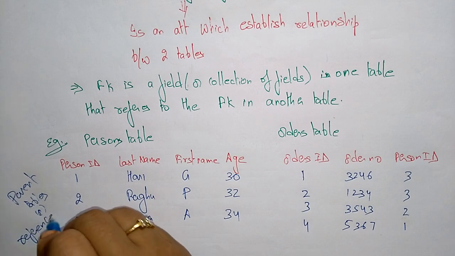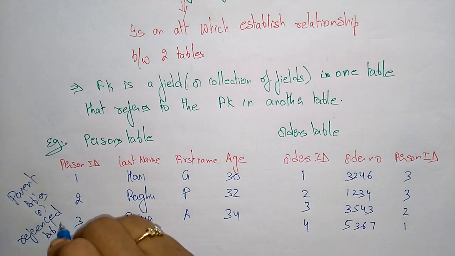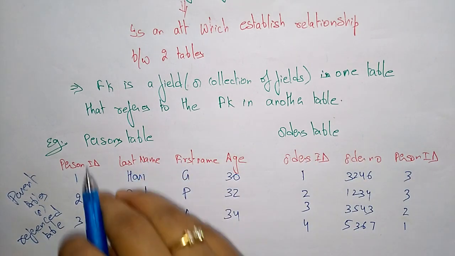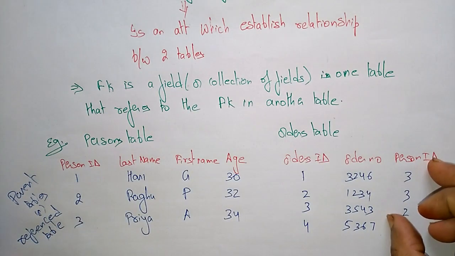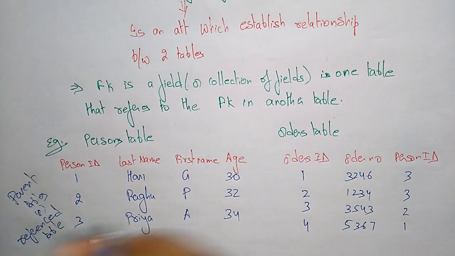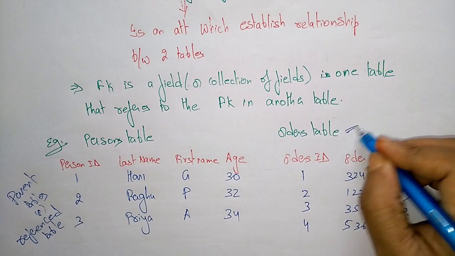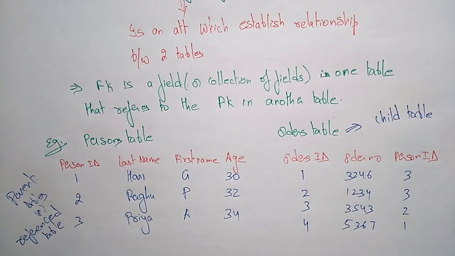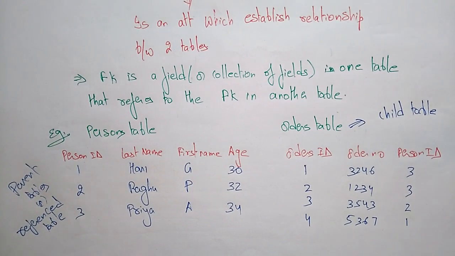Why am I calling this a reference table? Because this table is referred to by the other table. I am using this person ID in that table. That's why this is a reference table or parent table, whereas the orders table is the child table. So then where will the foreign key be here?